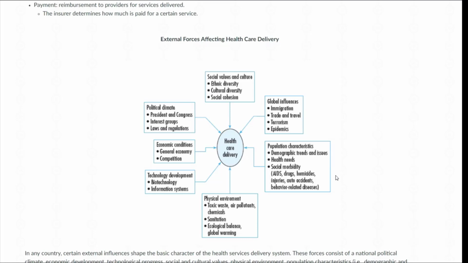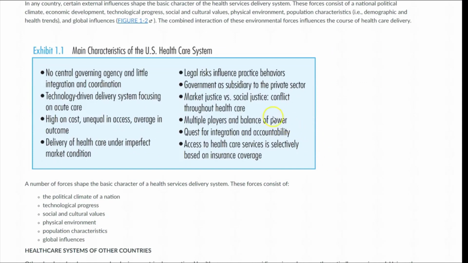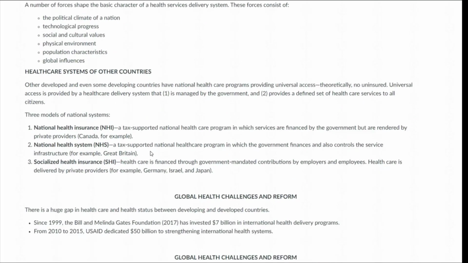So these include social values and culture, global influences, population characteristics, physical environment, technology development, economic conditions, and political climate.